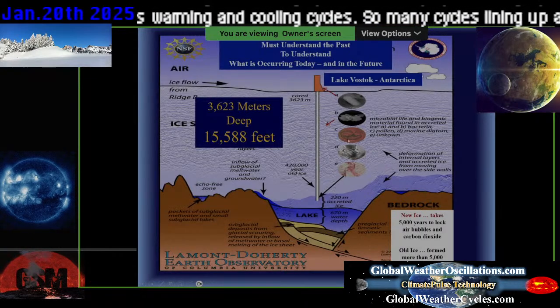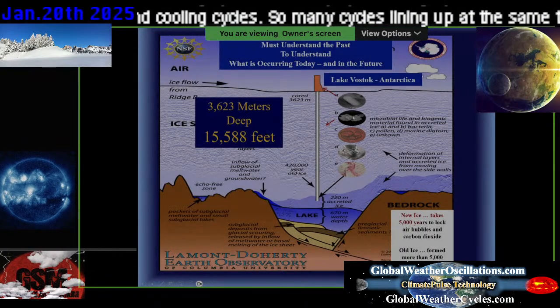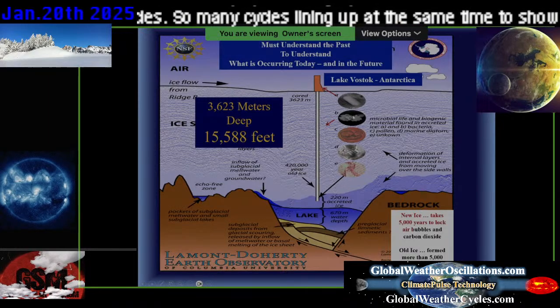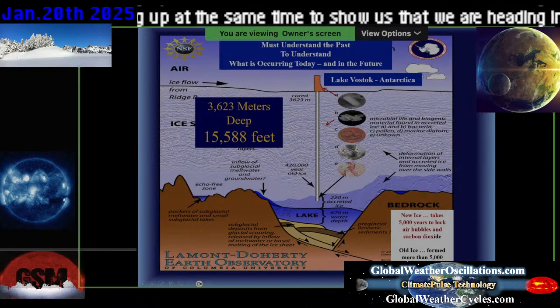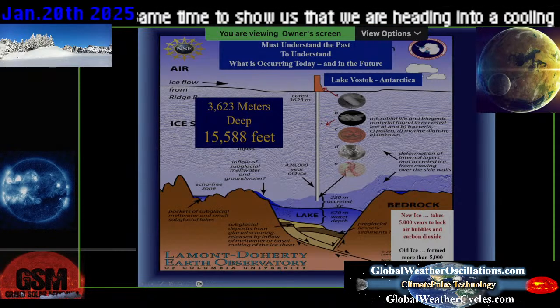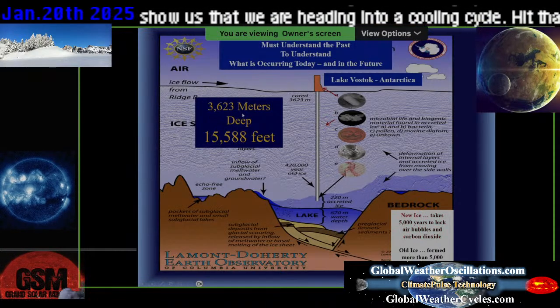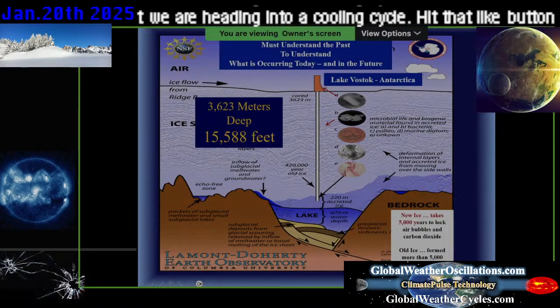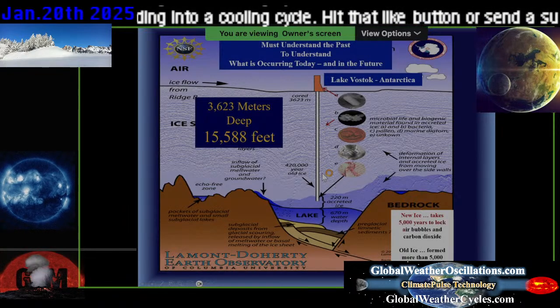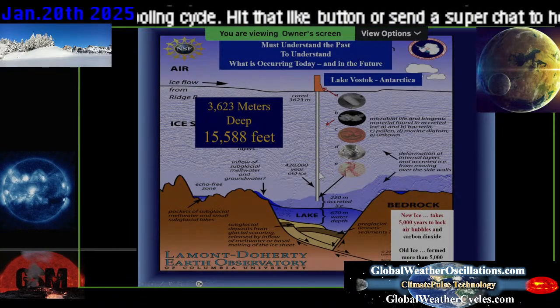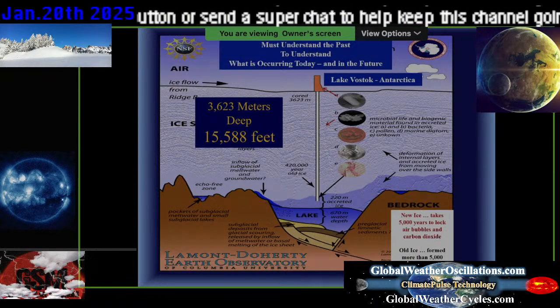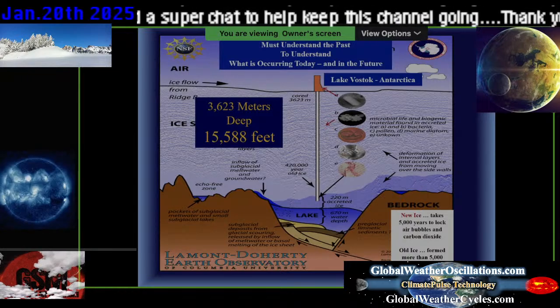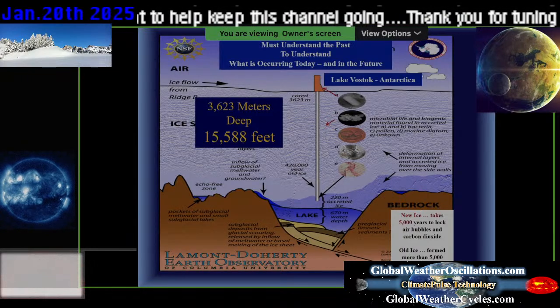Ice core down in the Antarctic, Lake Vostok, a very deep lake, has about 15,000 feet of ice. What they do is drill down in the ice to get ice core samples and then look at air bubbles within the ice to see how much carbon dioxide is in the air at a certain time. They look at the trapped bubbles.